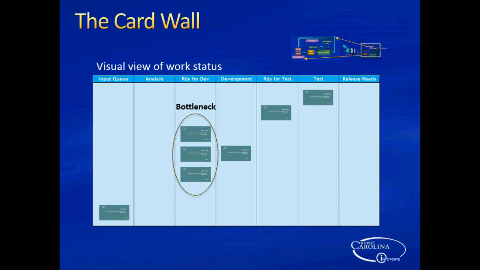But what do we have in between? Buffers. So in the Kanban wall, you put in buffers. The reason for that is what? We're trying to avoid bottlenecks. Trying to avoid bottlenecks.